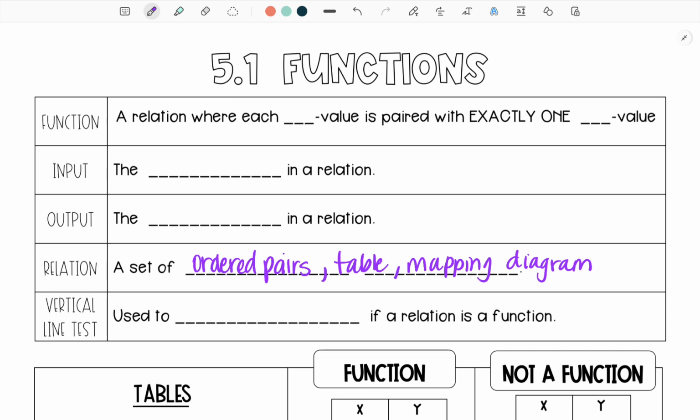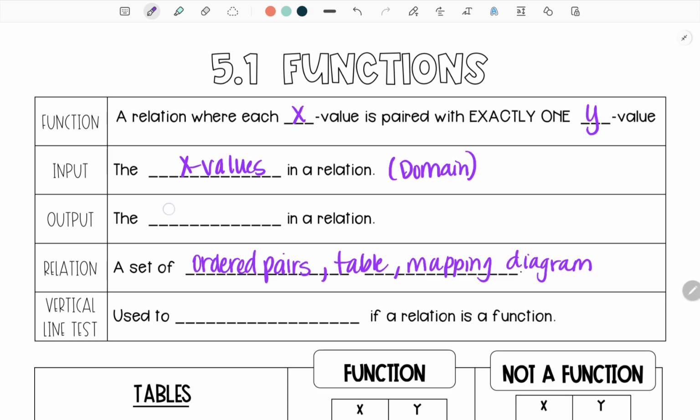And a function is a relation, so it's a relationship between two or more values where each x value is paired with exactly one y value. Okay. Our input are the x values in the relationship, also known as domain. So there's lots of different words for it. We're going to talk about it as input or x values this year. Next year, you'll talk more about it being domain.